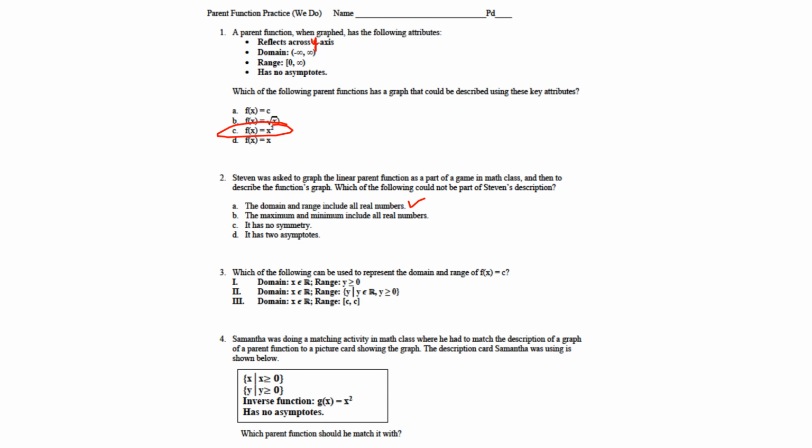It has rotational symmetry. And it has no asymptotes. So I would say you could either tell me C or D. The reason it says the maximum and minimum include all real numbers is because, depending on what their interval is, it could be the max or the min. Like if I cut the graph, where's the max or min? So if you chose C or D, you would be correct.